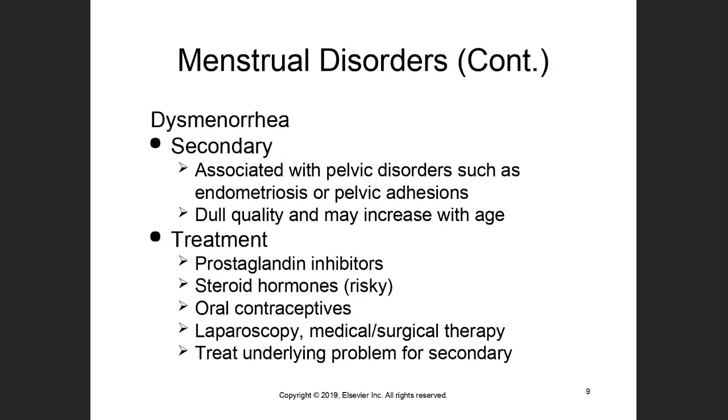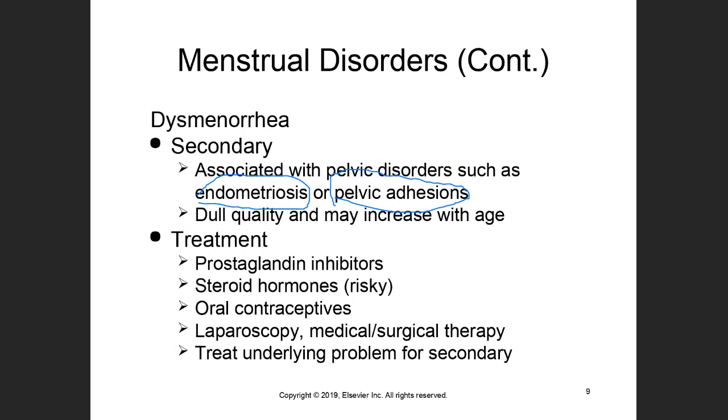We have secondary dysmenorrhea associated with pelvic disorders such as endometriosis. Okay, pelvic adhesion. Pelvic adhesion is common in patients after surgery. The patient has surgery and later in life they develop adhesions. Dull quality and may increase with age. Treatment: prostaglandin inhibitor.